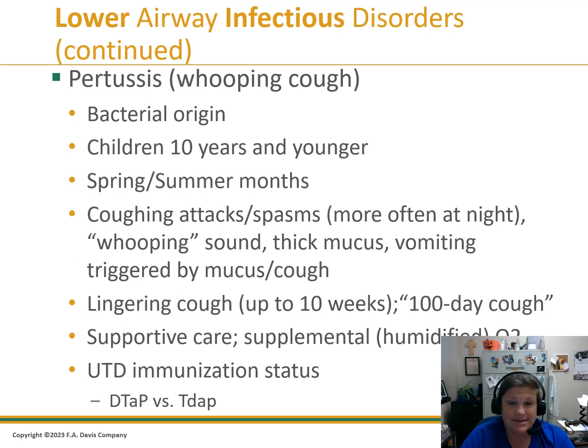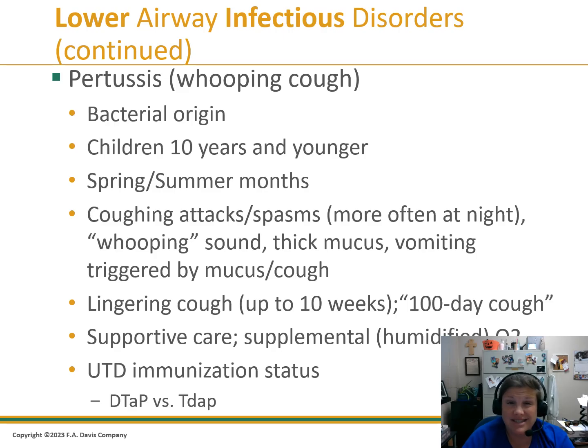Okay, pertussis, it has an alternative name that we know as whooping cough. Pertussis should sound familiar to you. It's part of the Tdap, also the DTaP vaccinations that are given to children, both early childhood and adolescence.